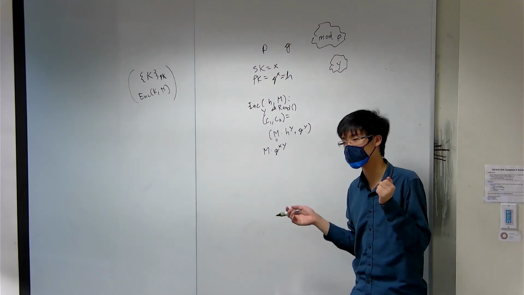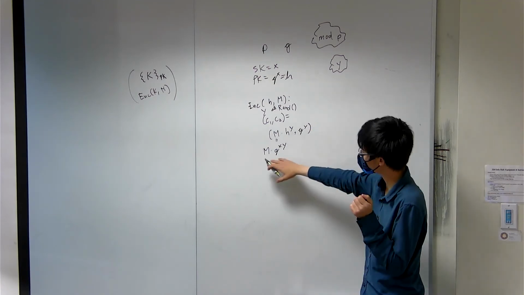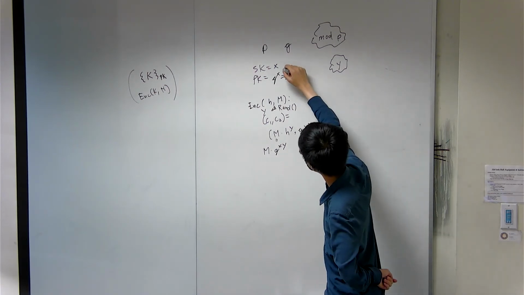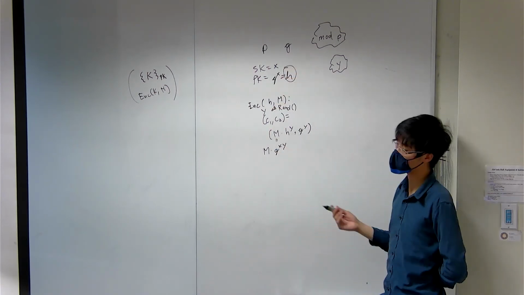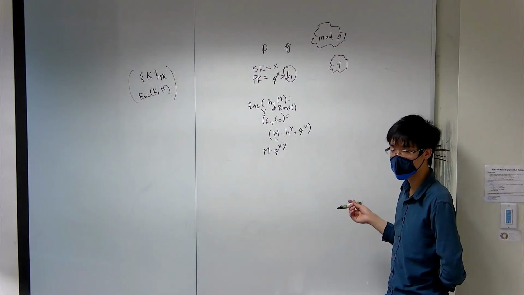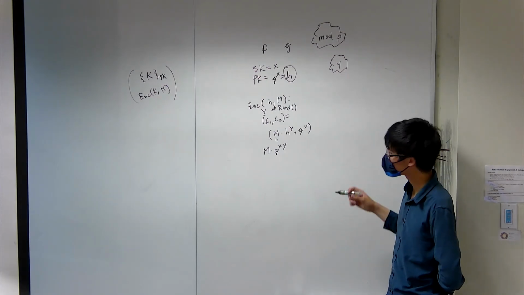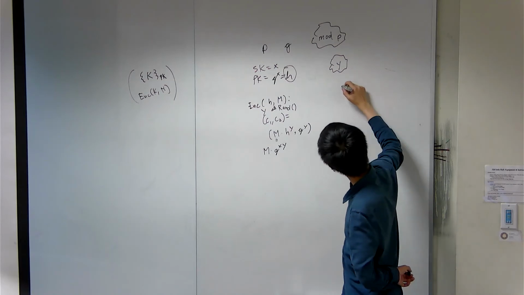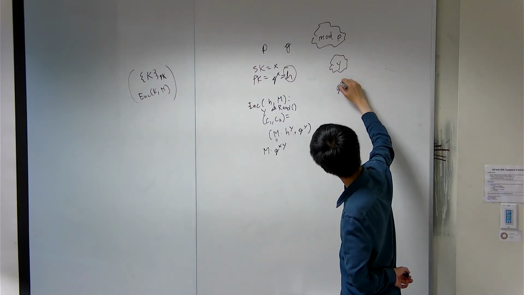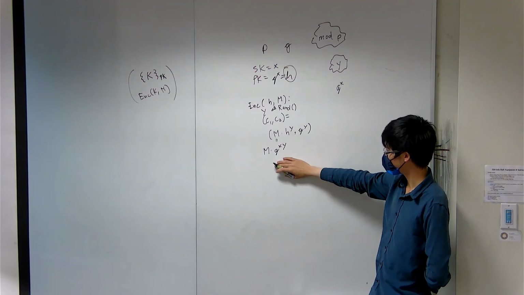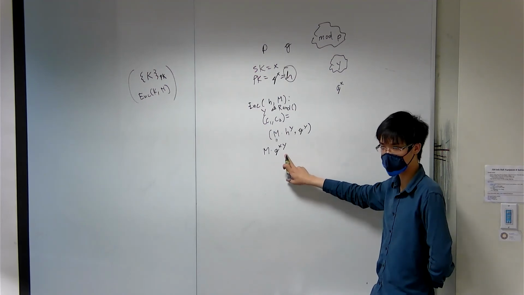So if Y is revealed, how could the adversary recover the original message, knowing that they also have access to H, because it's the public key? We have Y, and we have G to the X, which is H. Is there a way for us to cancel out this G to the XY?